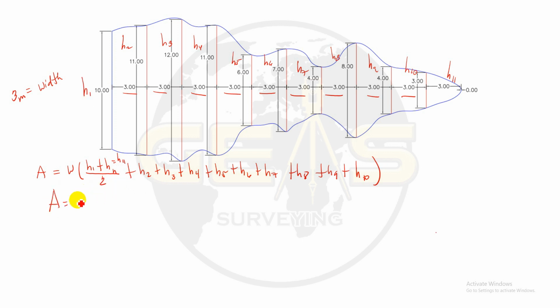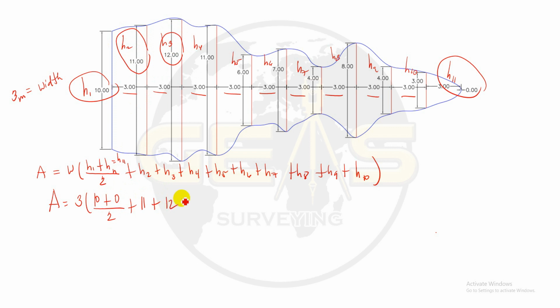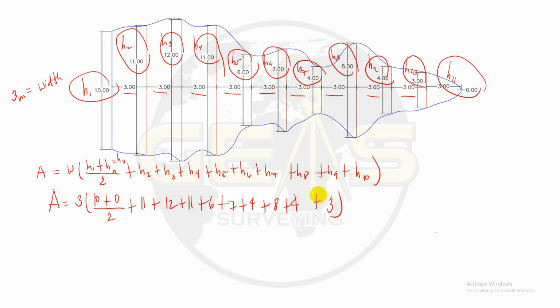So the area is equal to the width, which is 3 meters, times the first height, 10, plus the last height, H11, which is 0, all over 2, plus H2, 11, plus H3, plus H4, 11, H5, 6, H6, 7, H7, 4, plus H8, 8, H9, 4, plus H10, 3.